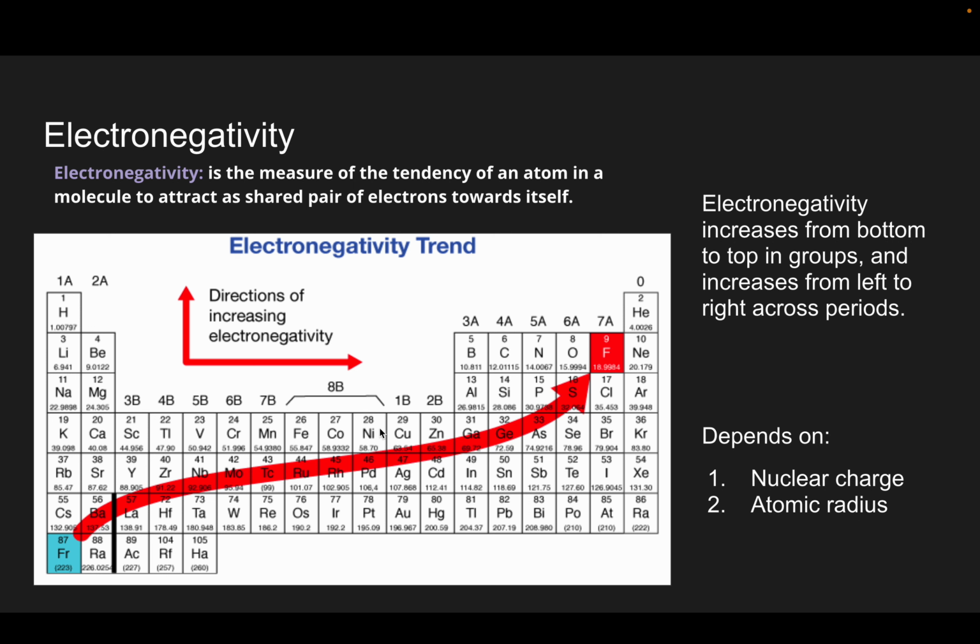And electronegativity can be explained by nuclear charge and atomic radius.